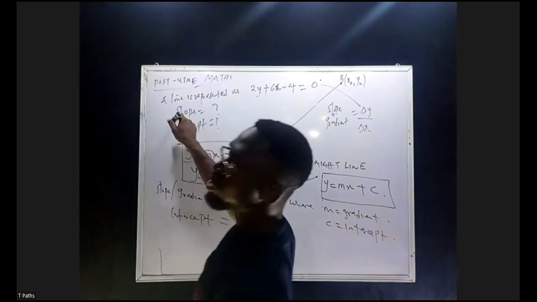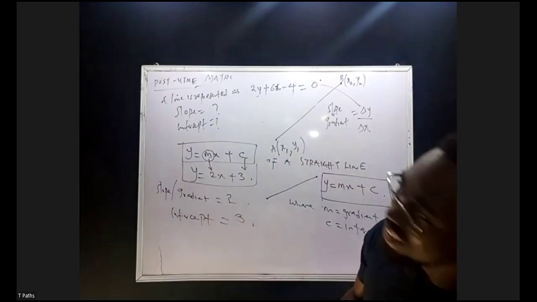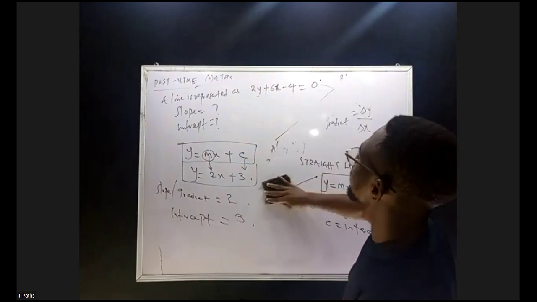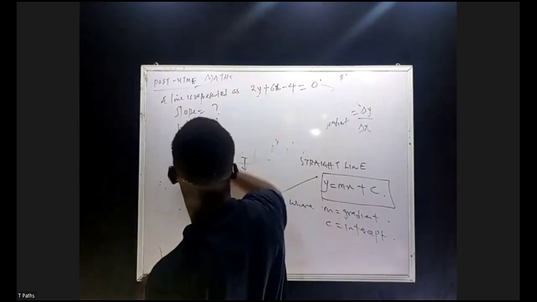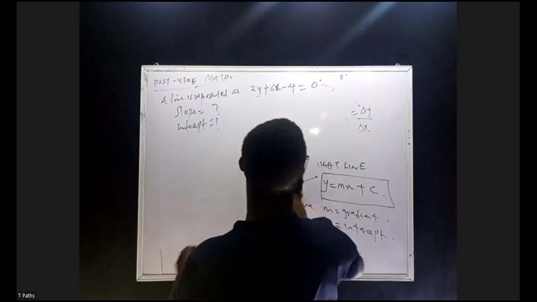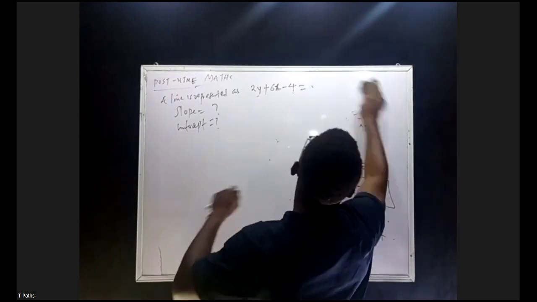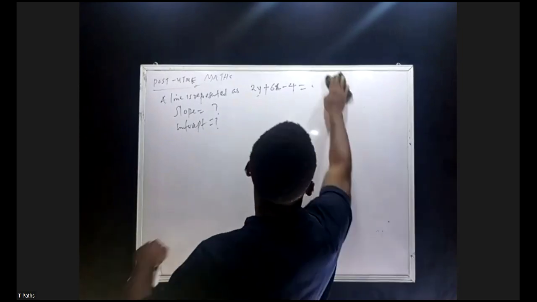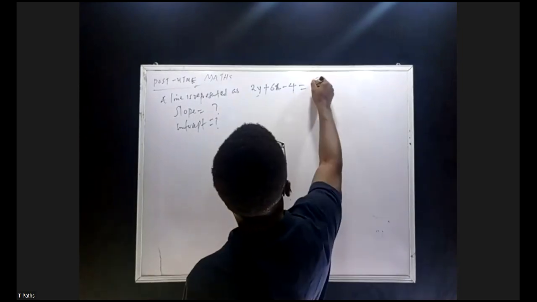If the question does not say slope, the question will say gradient. So for this question, what is the gradient or slope and what is the intercept? So how do we solve this? Let's go. Watch.